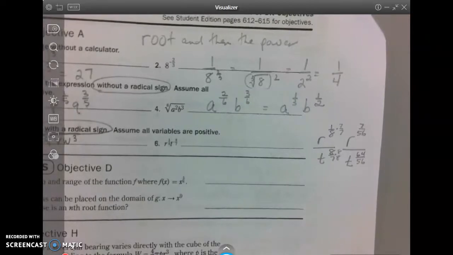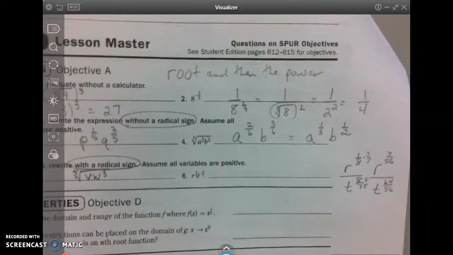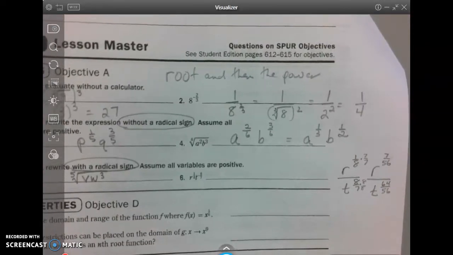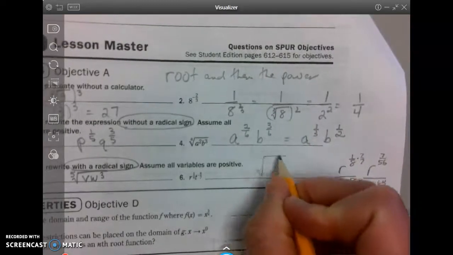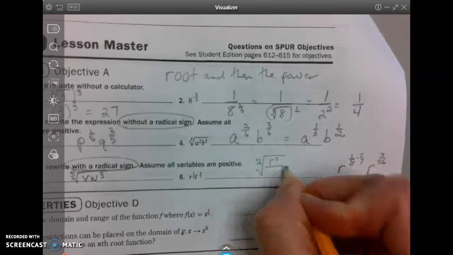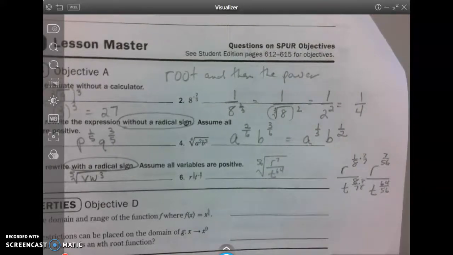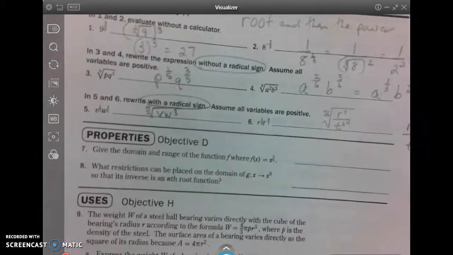Let me just double check and see if I left this one on for you or not. Yes, I realized that I did not have this one on your paper. I'll finish it for now, but it would be the 56th root of r to the 7th over t to the 64th. That's how you would write that. Okay. All right, let's go to number 7.